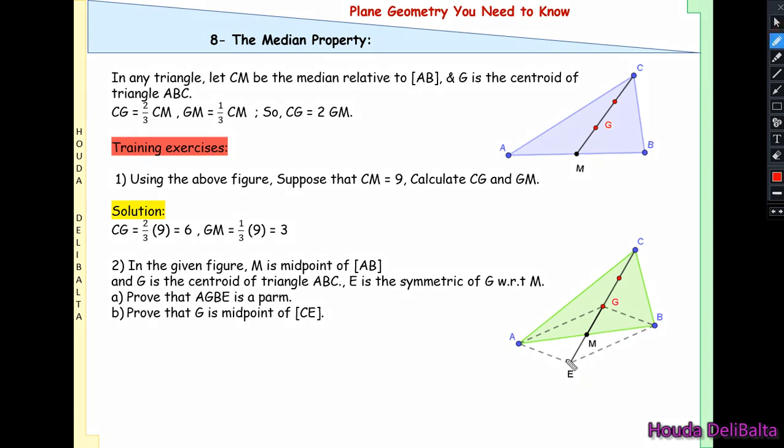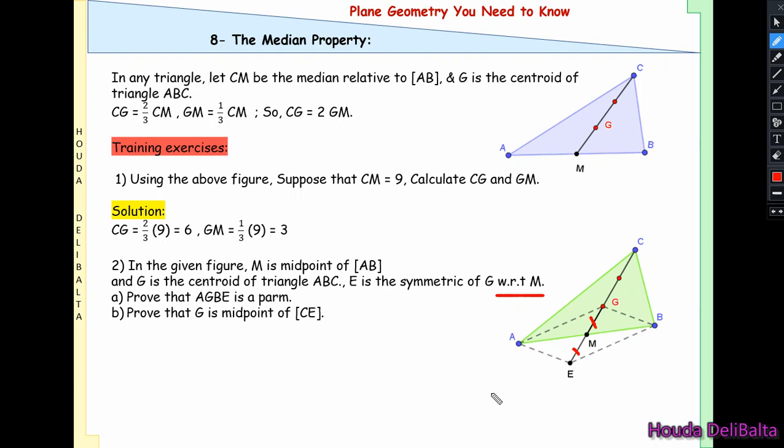That means M is the midpoint of GE. Part A, prove that AGBE is a parallelogram. Part B, prove that G is the midpoint of CE.